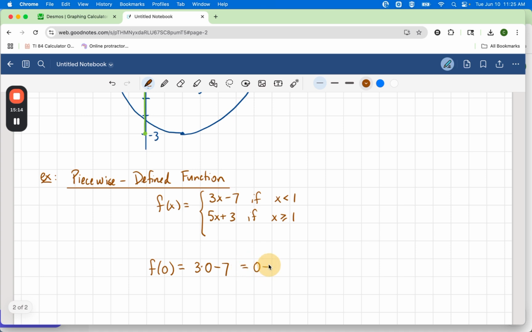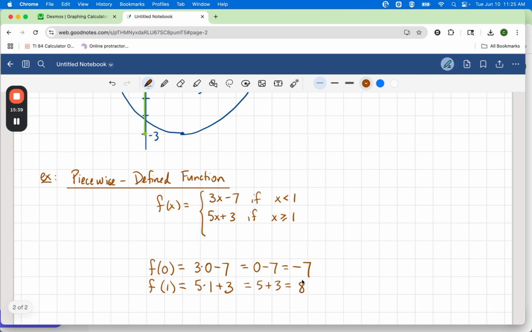So 3 times 0 minus 7 is negative 7. Then f of 1, I would have to use the second one, because its x is greater than or equal to 1. So 5 times 1 plus 3, and I get 8 for that.